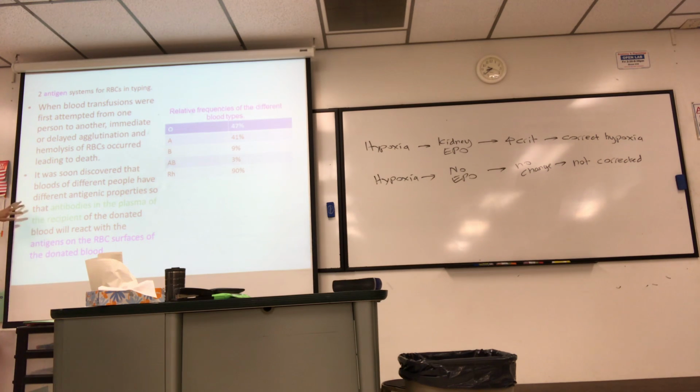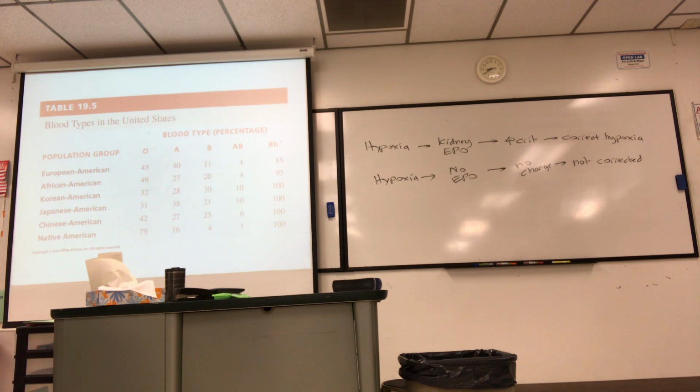So we have to figure out a way to type blood so you can figure out what blood you could safely receive and safely donate. Your RBCs have molecules on them that can be recognized by someone else. So if you give them your blood, that person's immune system could attack it. So we have to know what the different types are.